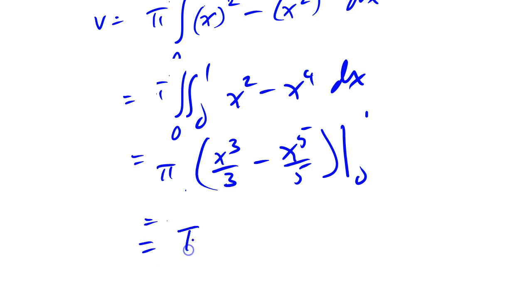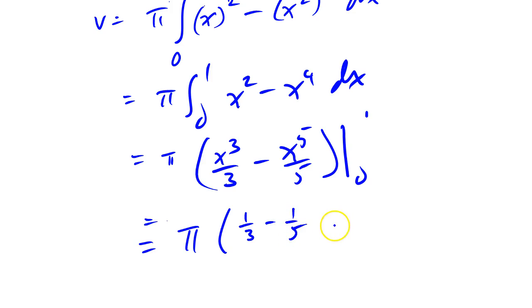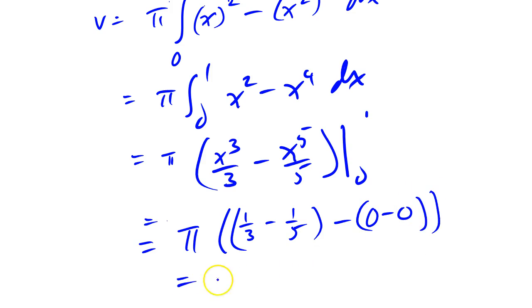This is pi times, you plug a 1 in, so that'd be 1/3 minus 1/5. You plug a 0 in, that would be 0 minus 0, for a grand total of pi times, this is 5/15 minus 3/15, so that's 2/15, which you might write as 2 pi divided by 15. Okay.